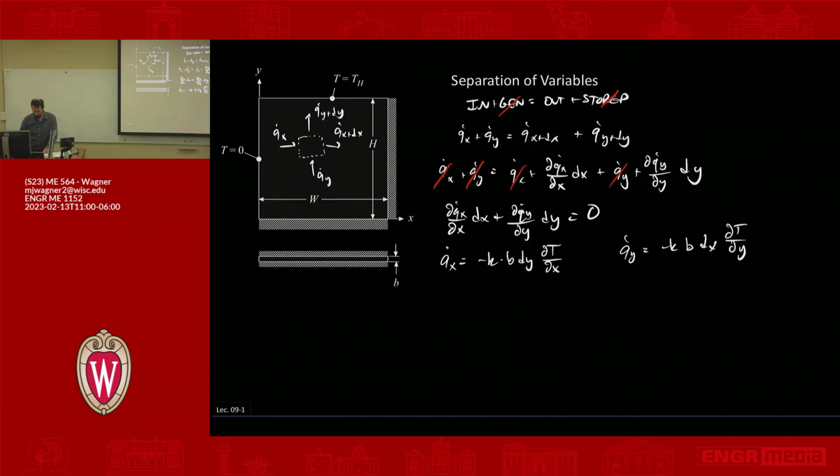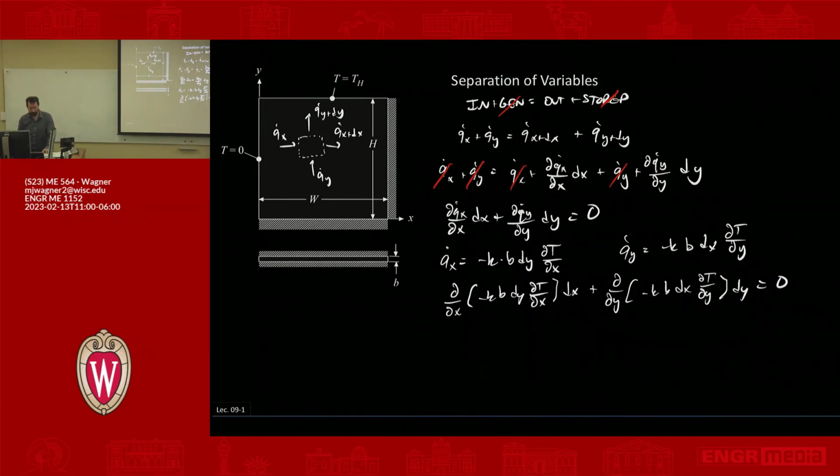We end up with the differential with respect to x of minus k b dy dT/dx times dx, plus the differential with respect to y of minus k b dx dT/dy times dy, is equal to 0. Okay.